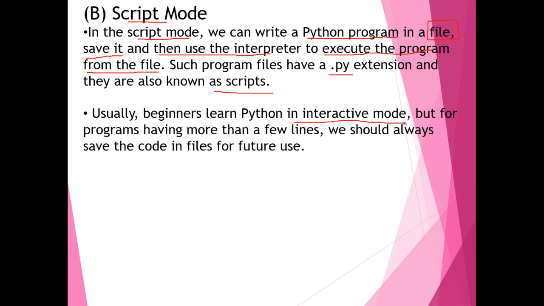But for programs having more than a few lines, we should always save the code in a file for future. When we create a file, we can store that program which contains multiple lines. So whenever the work you want to do consists of more than one line, it is better you go with the script mode.